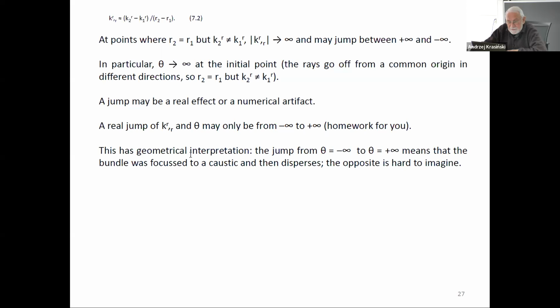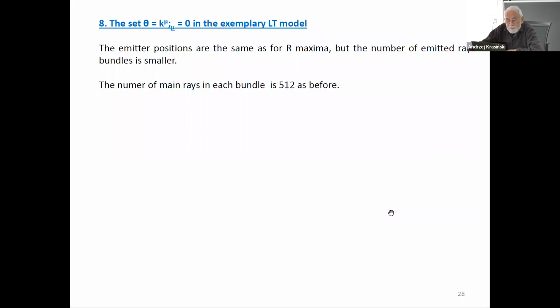And this is reasonable because the jump from minus infinity to plus infinity means that the bundle of rays was focused to a caustic, and then on the other side of the caustic it disperses again. How it could happen from plus to minus infinity is hard to imagine.